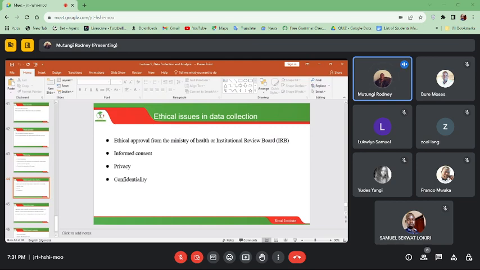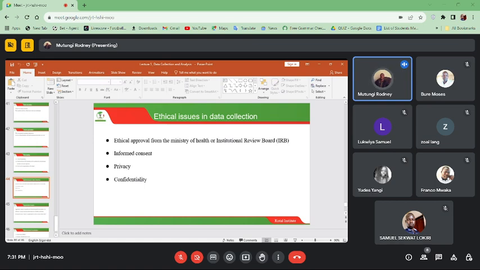But of course, all this does not take place before your study is approved by a regulatory body or a research body, like the Ministry of Health in the health setting, or an institutional review board, especially for those study purpose researches.